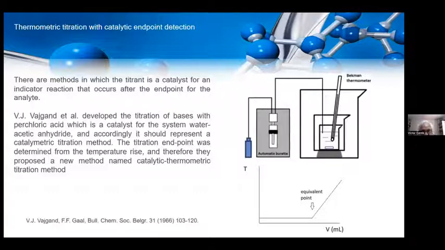When you have the first excess of perchloric acid, then it catalyzes the reaction between water and acetic anhydride, and you have a very sudden increase of the temperature. You can use a Beckman thermometer in order to see a sudden increase of the temperature when you have arrived at the end of the titration.